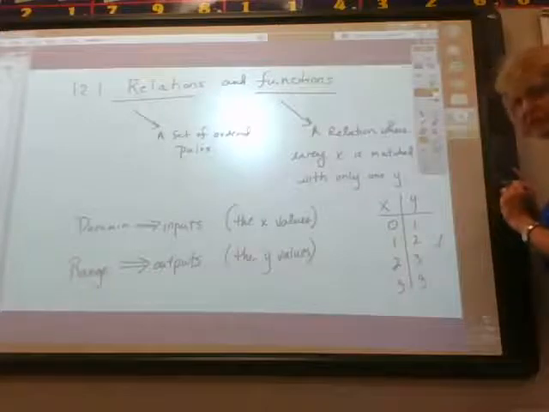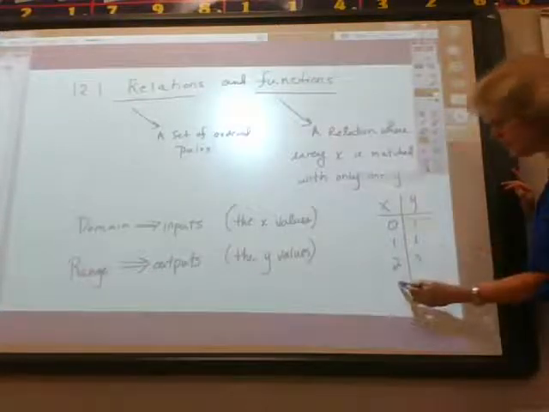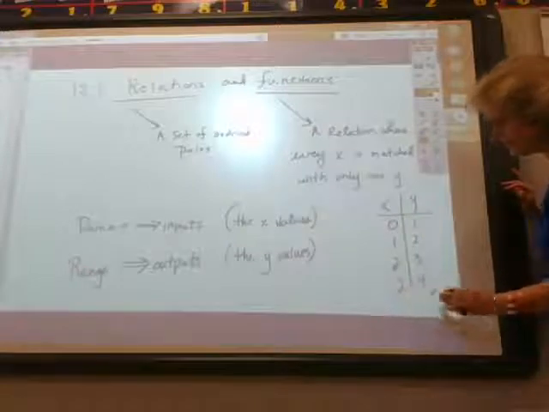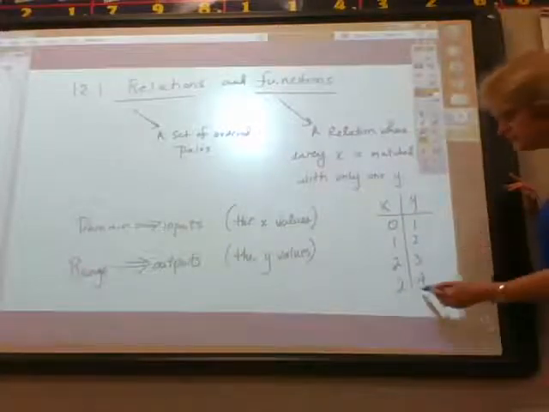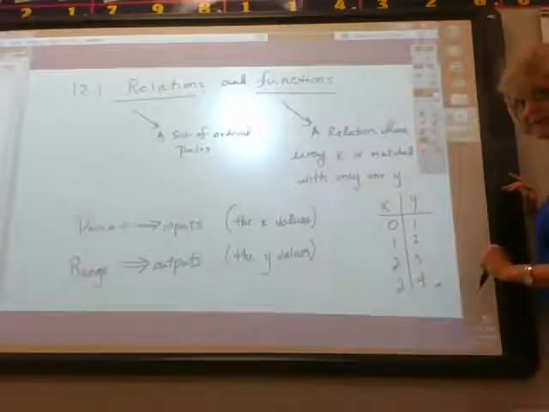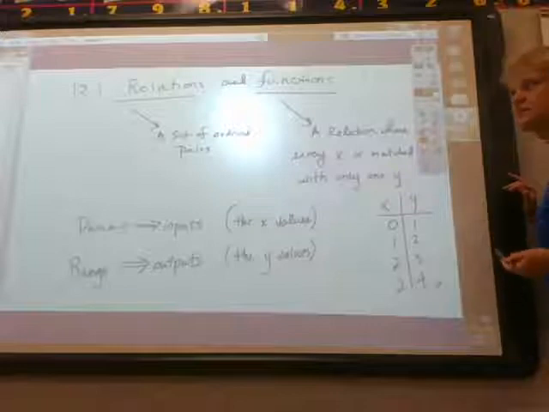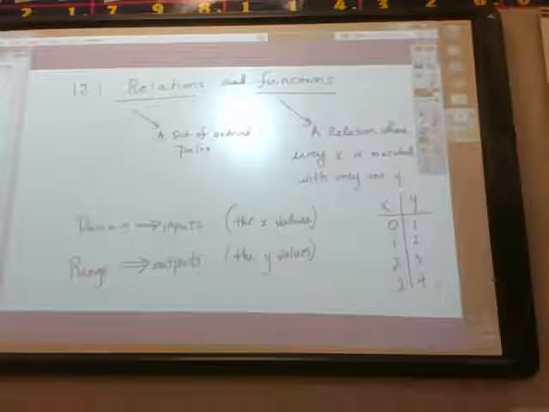So yeah, it's a function there. However, if I said this, that is still a relation, but it is not a function because I can't let the same person be 2 different heights.